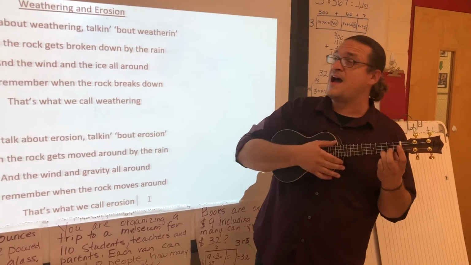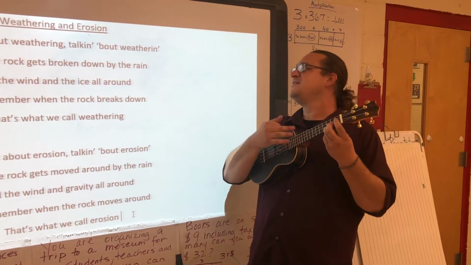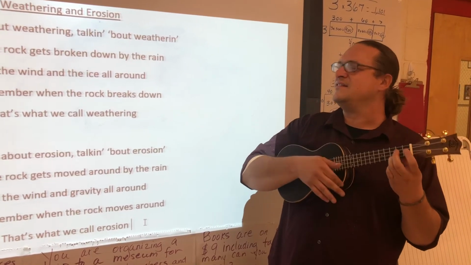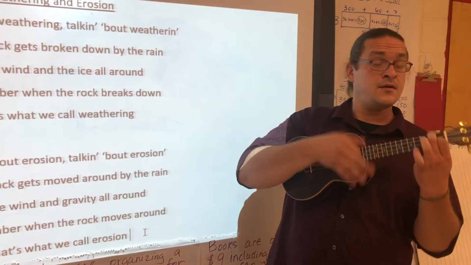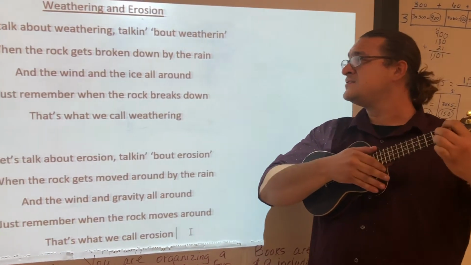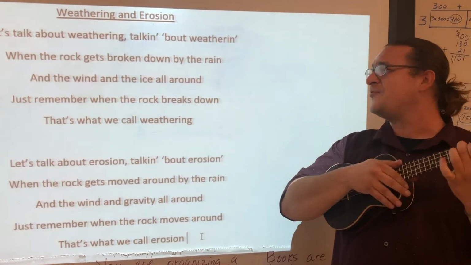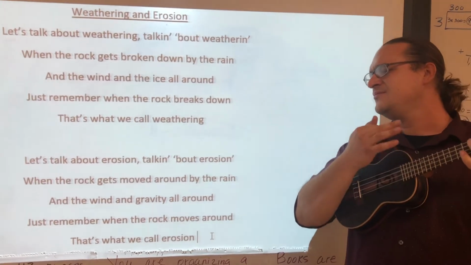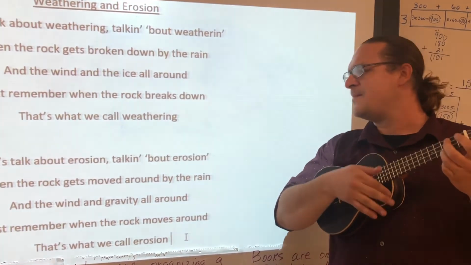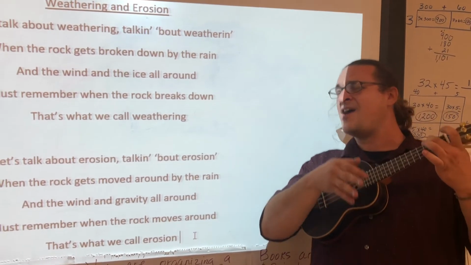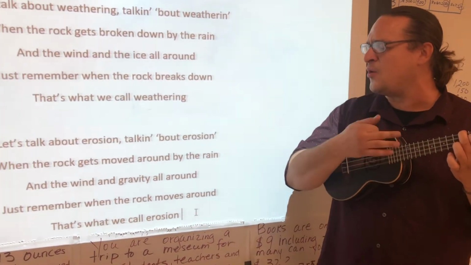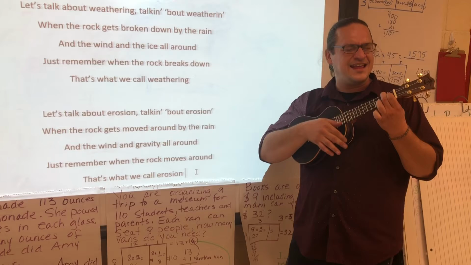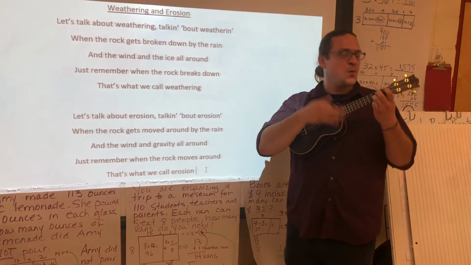Let's talk about weathering. Talking about weathering. When the rock gets broken down by the rain, just remember when the rock breaks down, that's what we call weathering. Yeah, that is weathering.